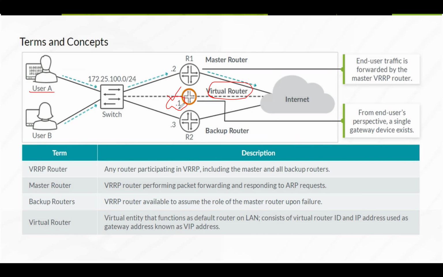User B also uses the virtual router gateway IP address. In that case, if one physical router goes down, the virtual router will just switch over to the other router. That means if the master router goes down, the virtual router will be attached to the backup router. If the master router comes up, the virtual router will attach again to the master router. It will happen automatically.